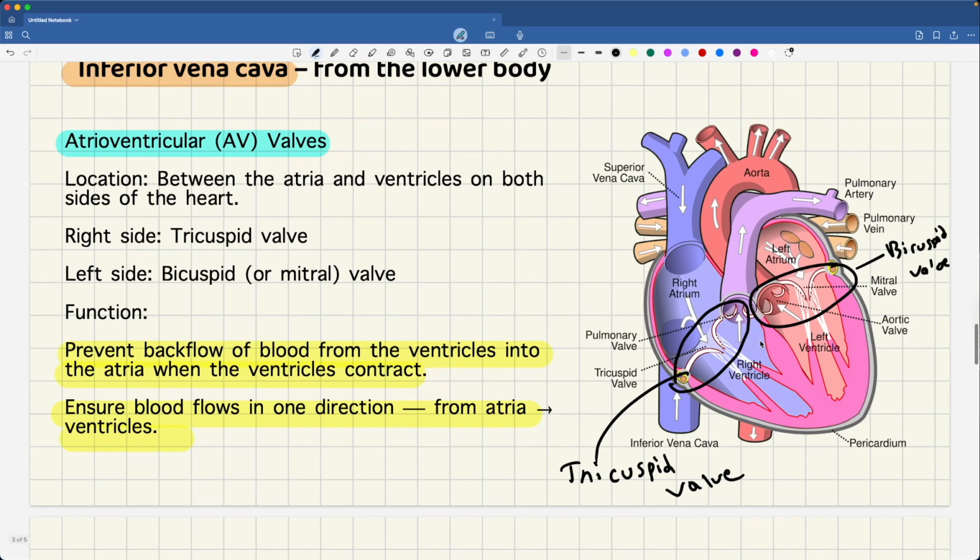Now let's look at the function of these valves, right? They actually prevent the backflow of blood, for example, preventing this movement, blood flowing back into the heart, right?